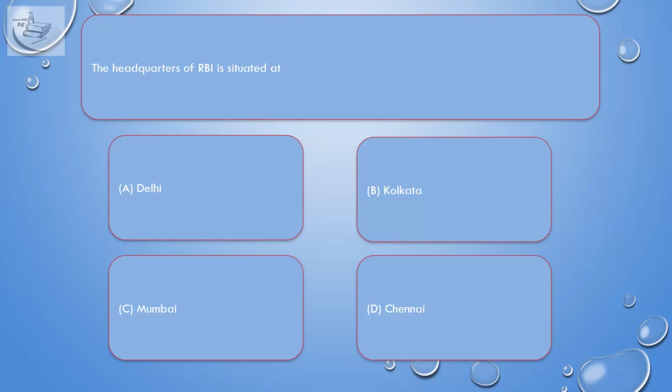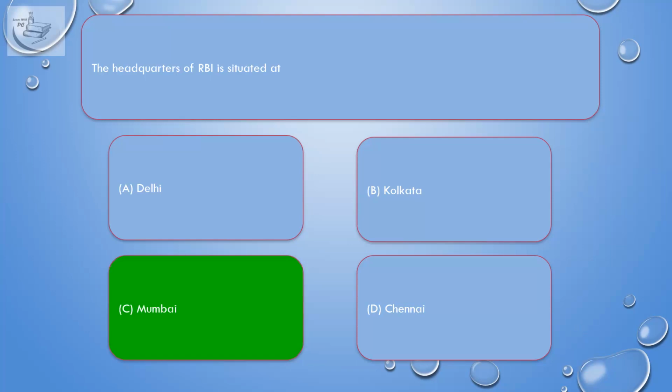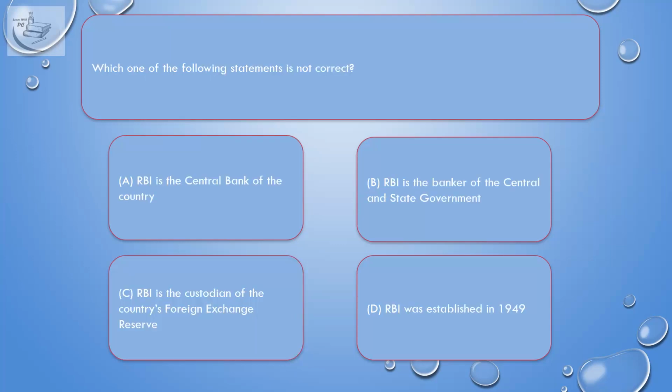Question: The headquarters of RBI is situated at A. Delhi, B. Kolkata, C. Mumbai, D. Chennai. Correct answer is C. Mumbai. Question: Which one of the following statements is not correct? A. RBI is the central bank of the country.